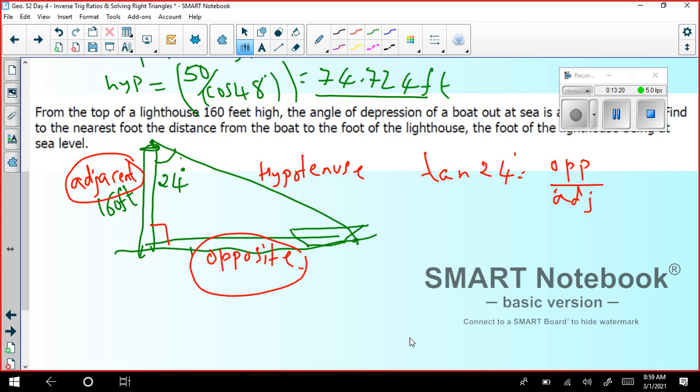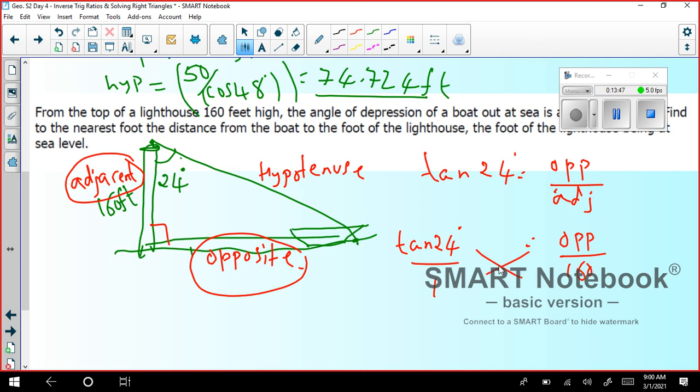We don't have the value of opposite, we are interested in that, so keep opposite as is, and here I have tan 24. Make sure once again not to simplify here; in the final step you can substitute. Adjacent was 160. Okay. Then cross multiply.